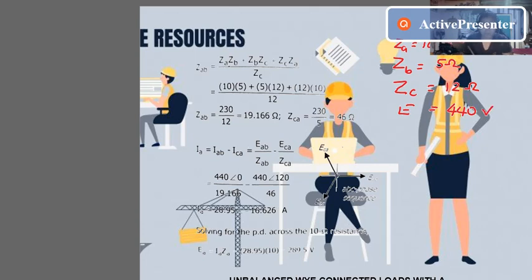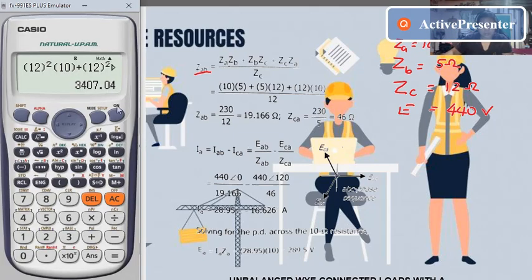So for ZAB, we have 10 multiplied by 5, plus ZB multiplied by ZC which is 12, plus ZC multiplied by ZA, so 12 times 10, over ZC which is 12 ohms.